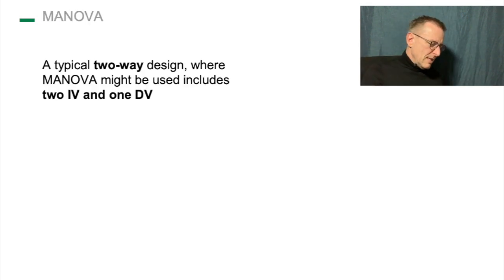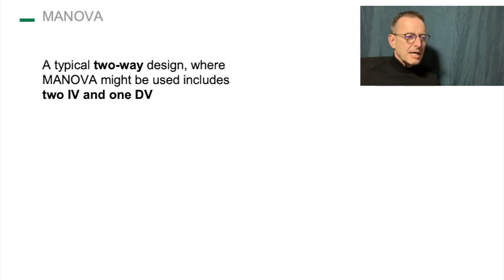Now, let's take some time to talk about multiple analysis of variance. And this is something that we do when we have more than one independent variable. This is something that we very often have. For instance, two independent variables.